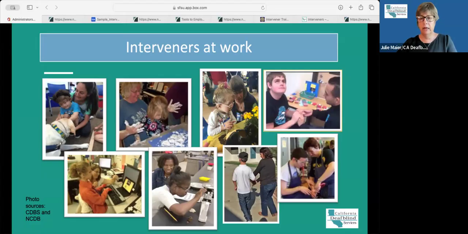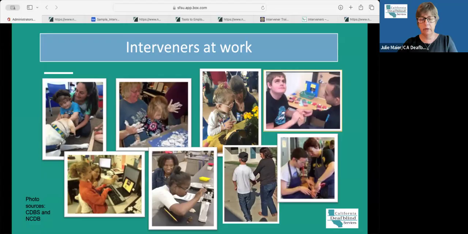The next has an older student who's receiving hand under hand instruction from an intervener to understand his daily object calendar. The row below that starts with a young woman who's sitting in front of a keyboard with 2 different computer screens and who's completing an assignment in school with her intervener next to her.